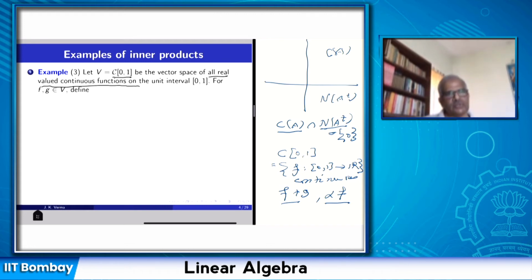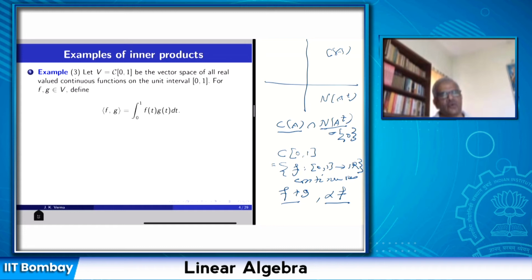But now let's introduce an inner product, which is actually a copy of the standard dot product. If you think deeply about this, it is nothing but a continuous version of the discrete dot product that we already know in Rn. C[0,1] is an infinite dimensional vector space.